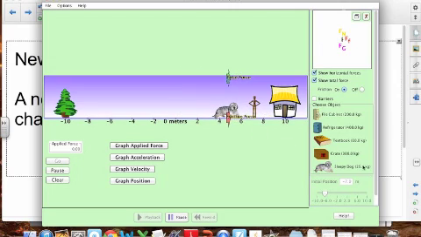But also, notice these numbers over here. The sleepy dog has a mass of 25 kilograms. The file cabinet had a mass of 200 kilograms. So the file cabinet has much more mass than that dog does, even though this dog appears to be gigantic. But I think that's just because this is a simulation.